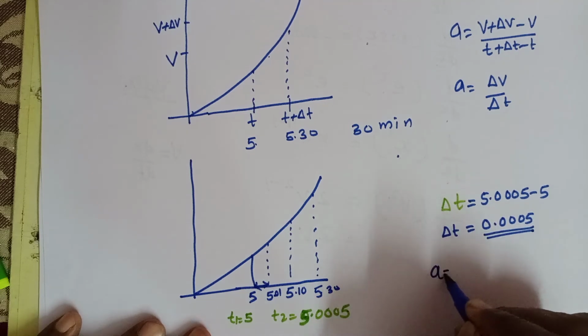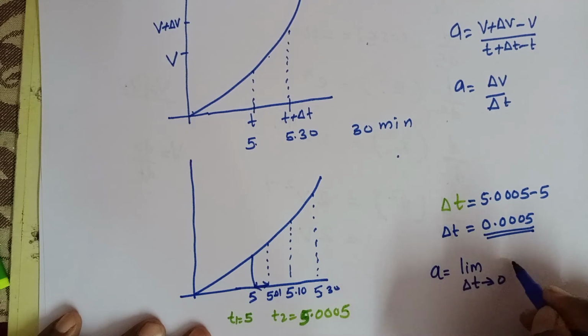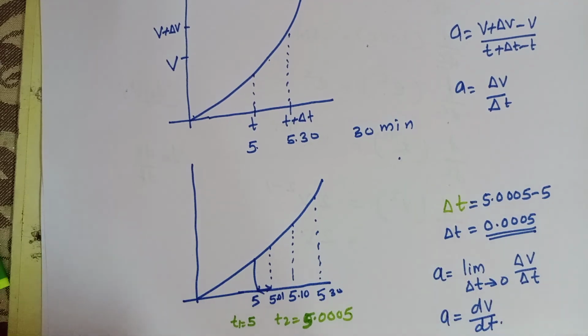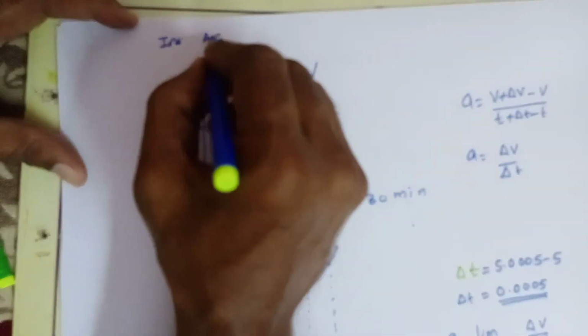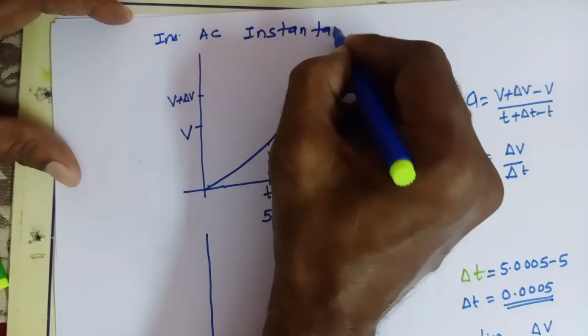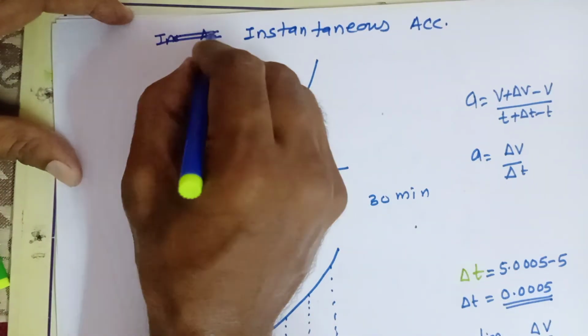So acceleration is the limit as delta t tends towards 0 of delta v by delta t. When we write like this, it becomes a equal to dv by dt. This is called the instantaneous acceleration. So we have two accelerations.